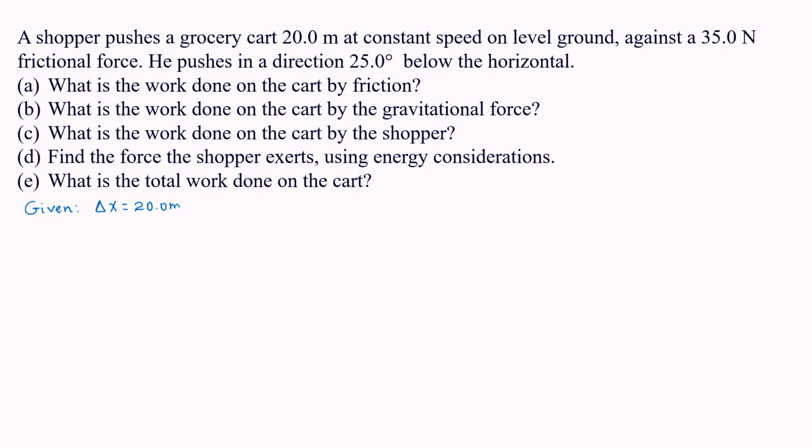At a constant speed, velocity is constant. For change in velocity 0 implies that acceleration is equal to 0, and that in turn implies net force is equal to 0 because net force is mass times acceleration.